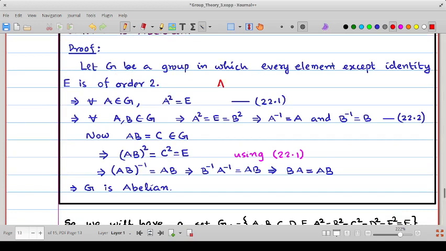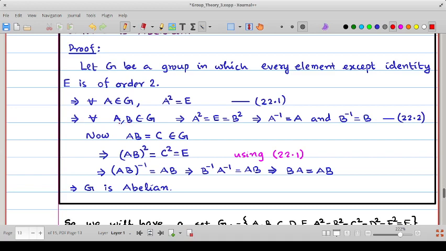So if A is not equal to the identity element, then A square should be equal to E. Let A and B be two such elements of order 2. So that means A square equals E and B square equals E. A square equal to E means A inverse is A, and B square equal to E means B inverse is B. Now consider the product of the elements A and B.